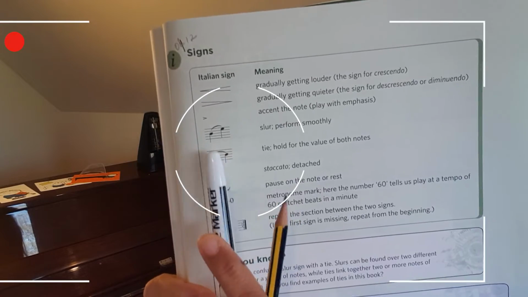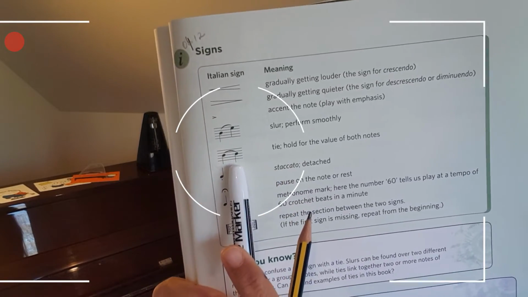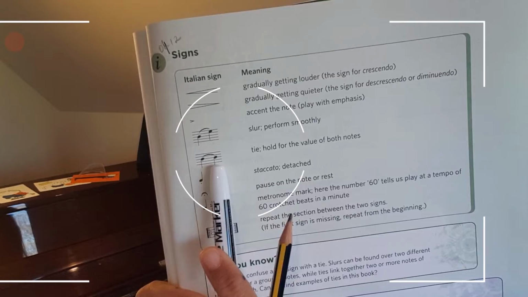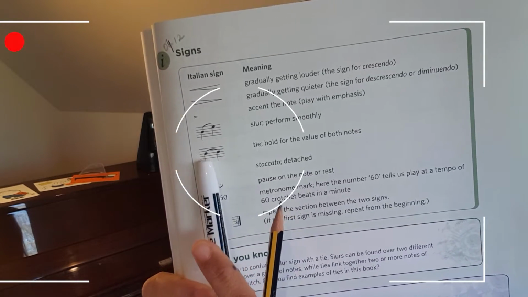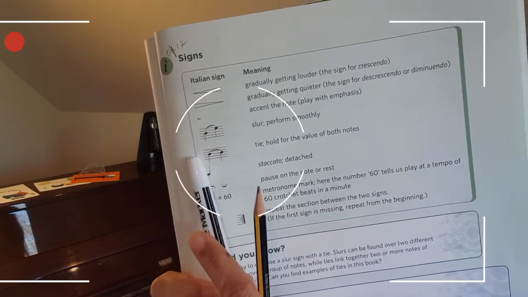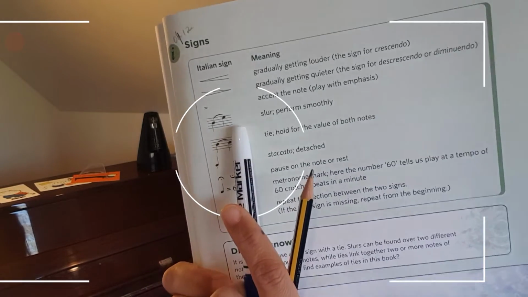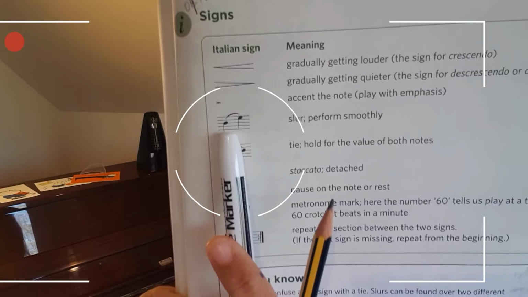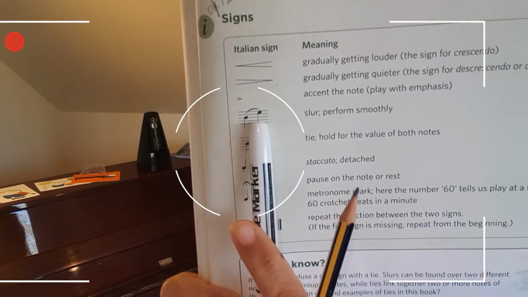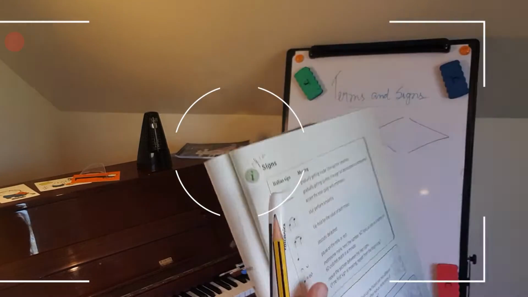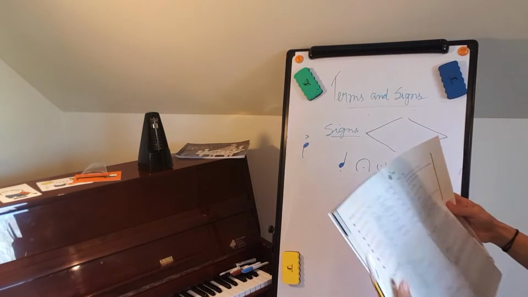This curly line here and here. So tie is between the same notes, which means you don't play the following note. You hold it, so here it would be like 2 crochet times, depending on the time signature you have here. And here, you see this curly line is between different notes. So it's an indication for you to play it smoothly.